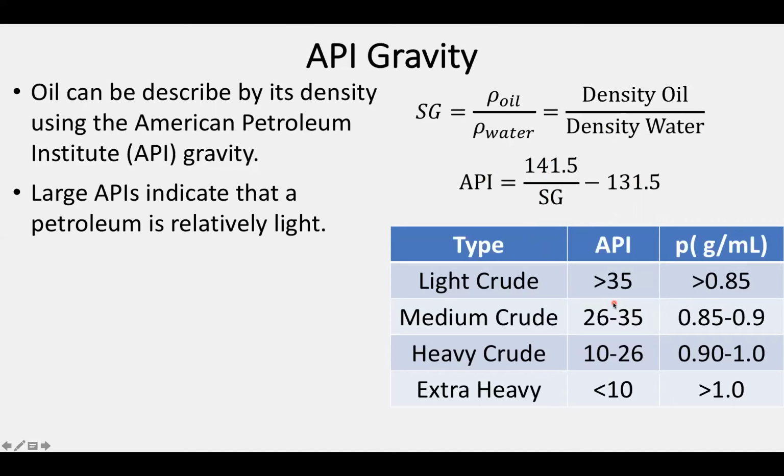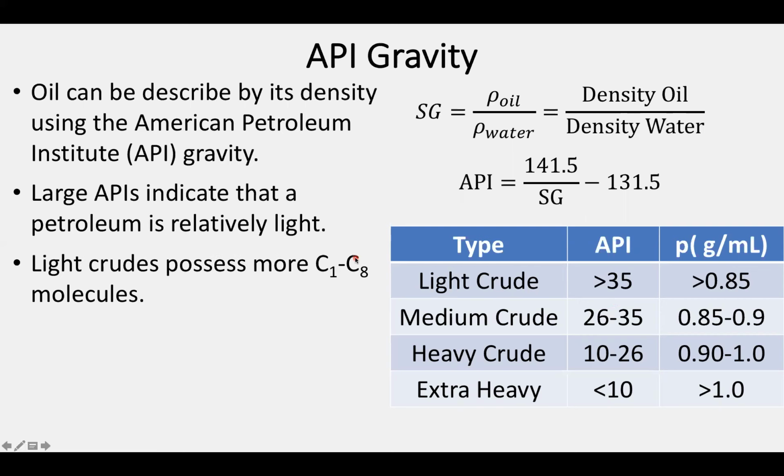What makes these weights lighter is that the species tends to have much more hydrogen present, and thus tends to form more small chain molecules, say C1s to C8s. And thus this is often called a light crude oil. Light crude oil is essentially considered anything with a density of less than 0.85. So again, this would definitely float on top of water.